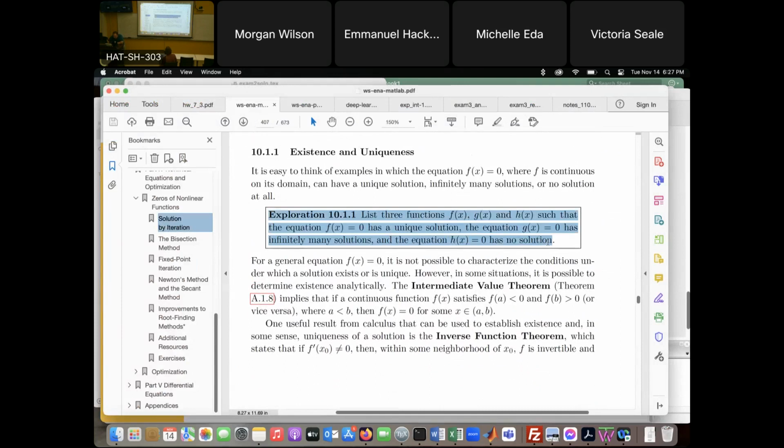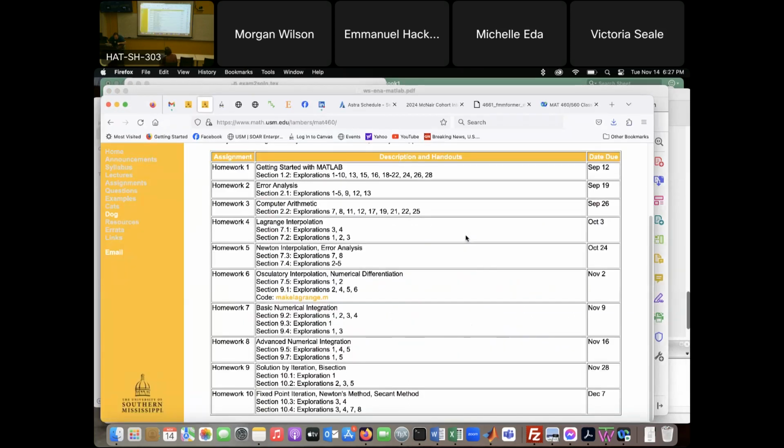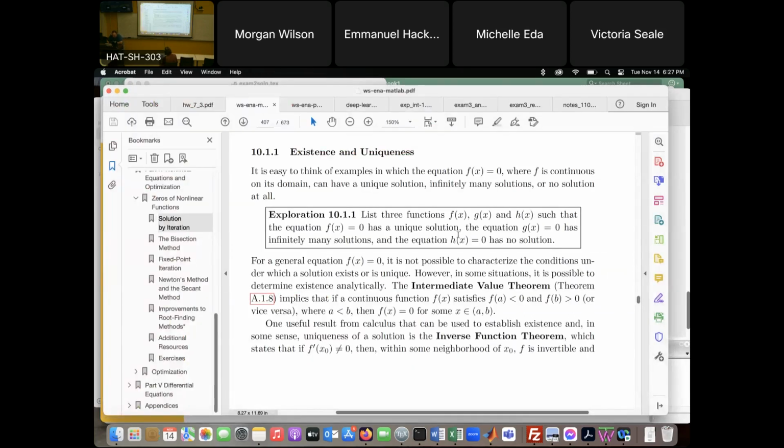List 3 functions where, that's what I assigned? Yes. That has no roots, 1 root, or multiple roots. So all kinds of possible answers for that one.